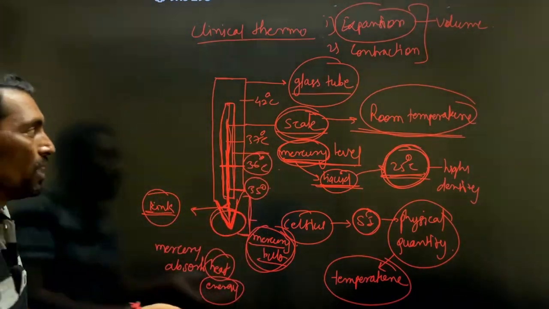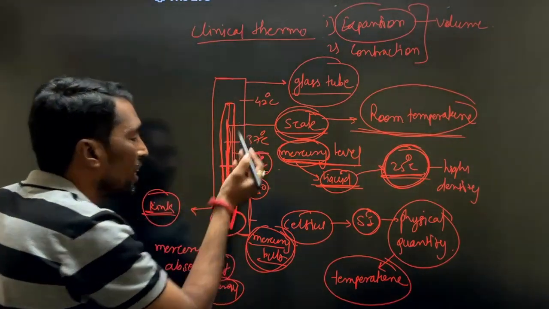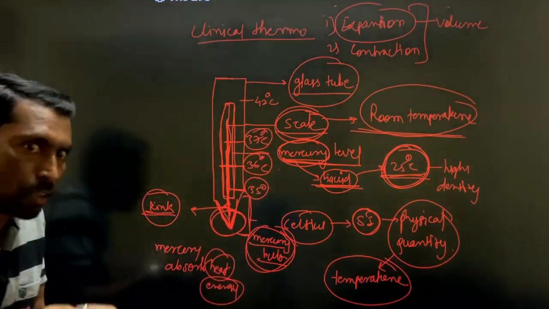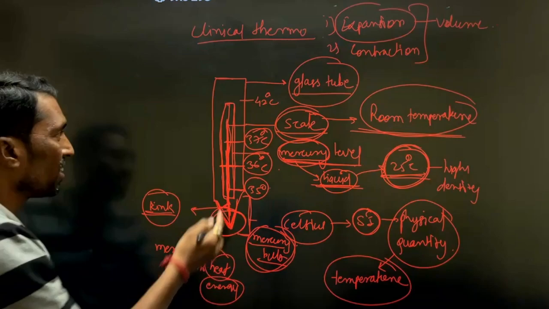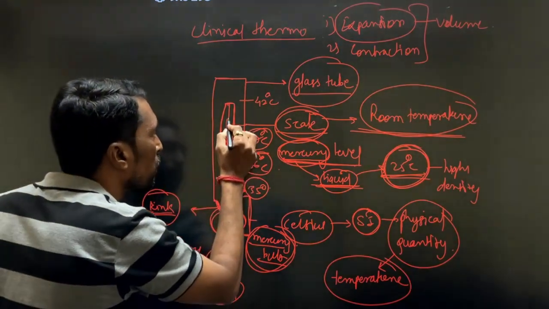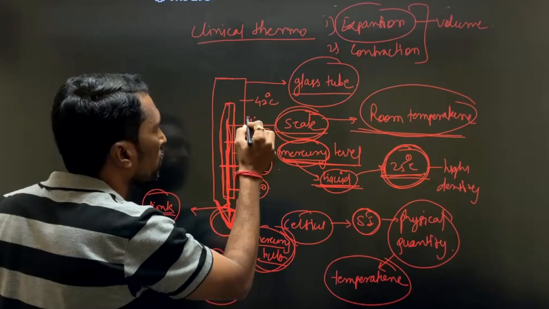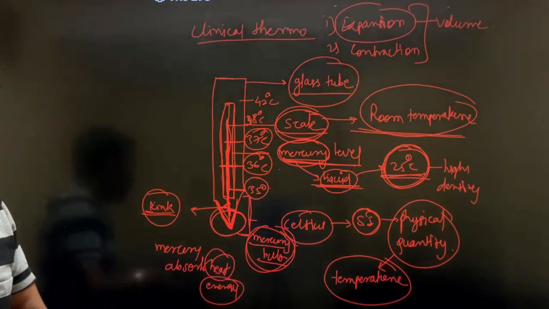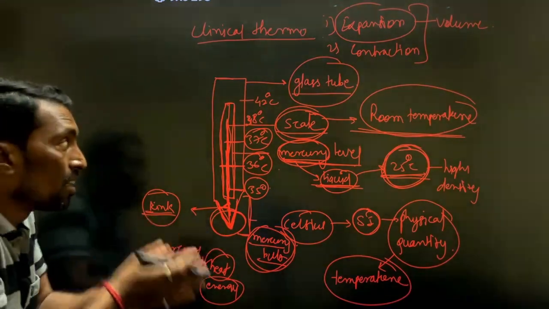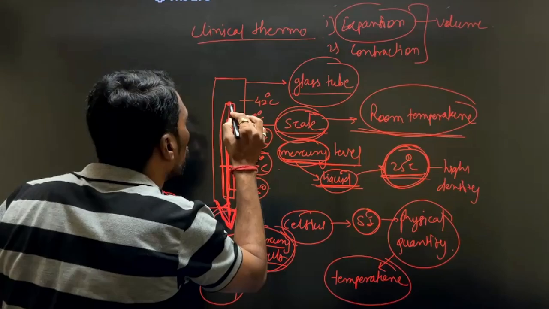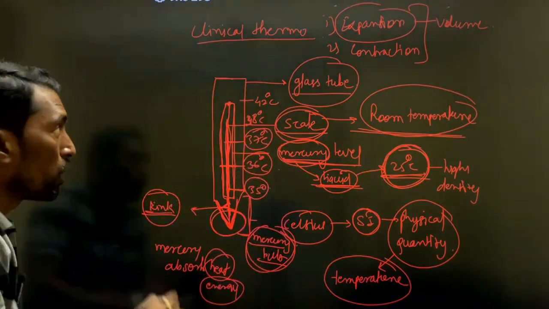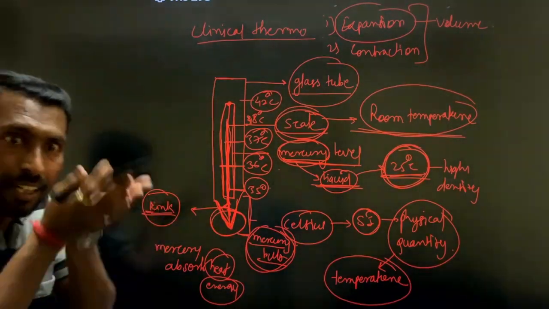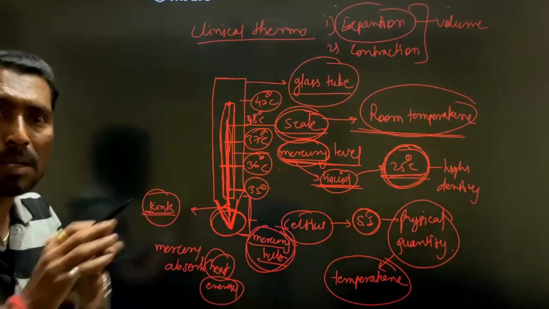If the mercury level increases up to the 37 degree Celsius, then we analyze body temperature 37 degree Celsius. After that, if the level of the mercury increases up to the 38 degree Celsius, then we analyze the 38 degree Celsius temperature. If the clinical thermometer again rises up to the 40 degree Celsius, then we analyze the body temperature is the 42 degree Celsius. So this is the correct working of the clinical thermometer.